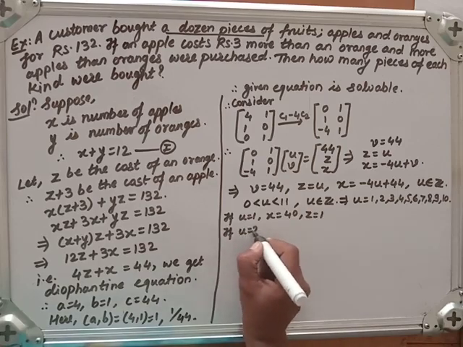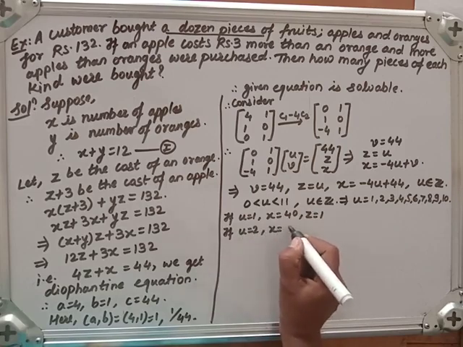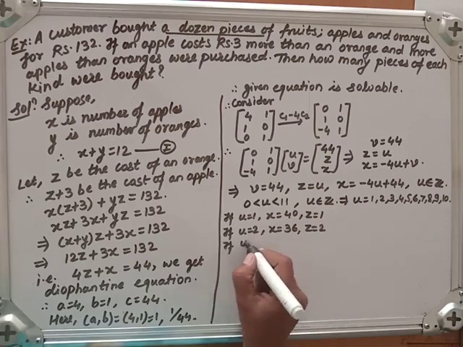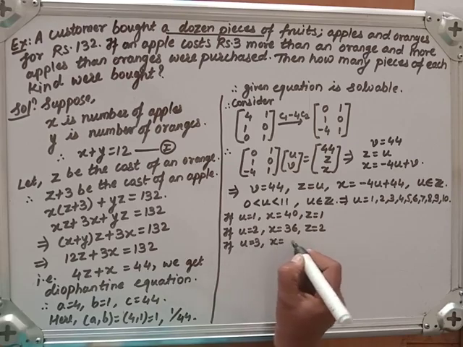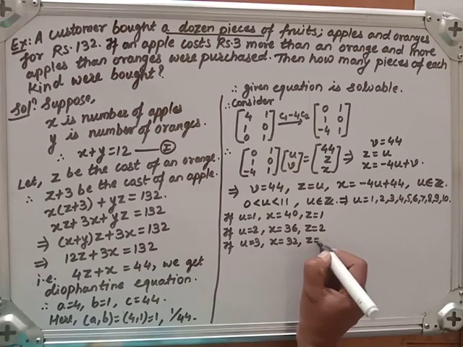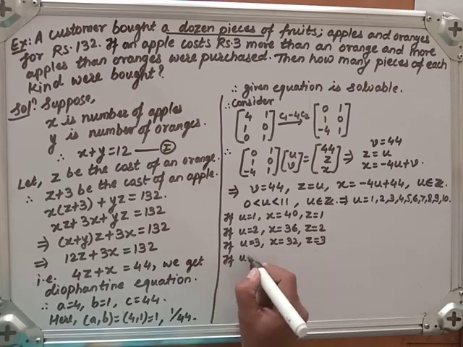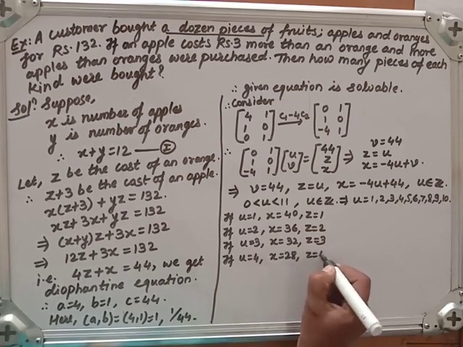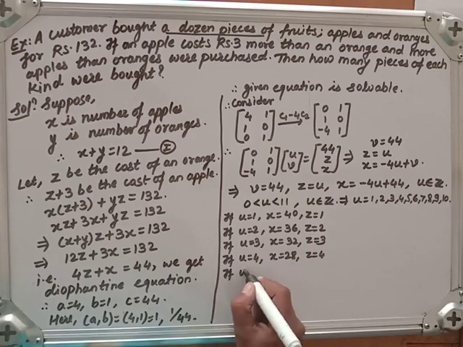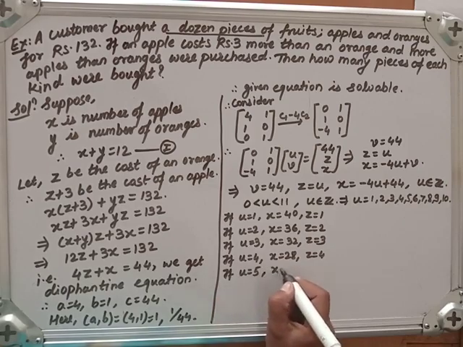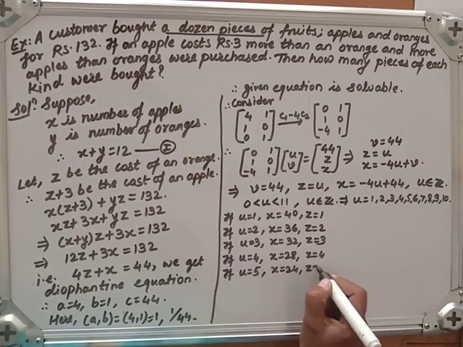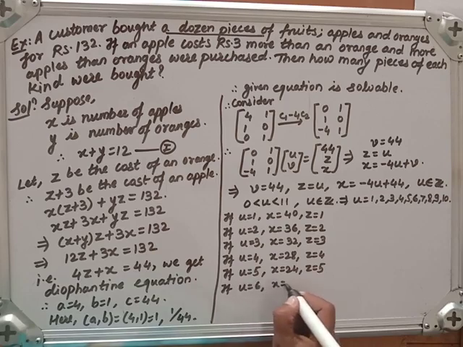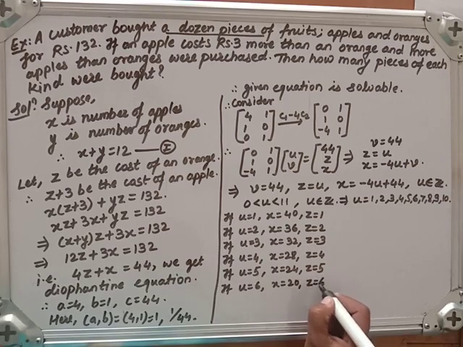If U equal to 2, x is 36 and z is 2. If U is 3, then x is 32 and z is 3. If U equal to 4, x is 28 and z is 4. If U is 5, x is 24 and z is 5. If U is 6, x is 20 and z is 6.